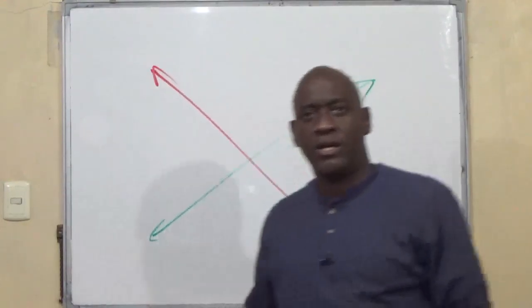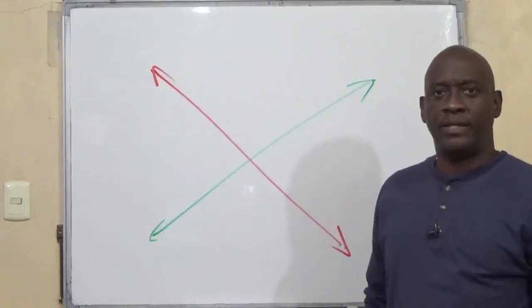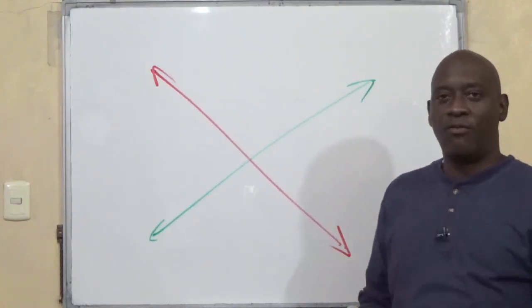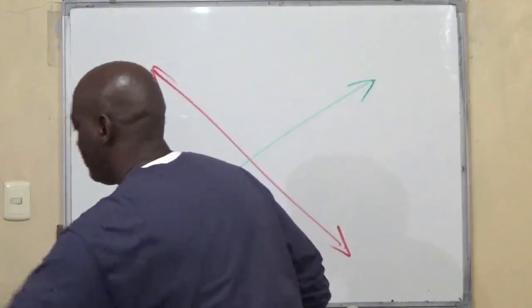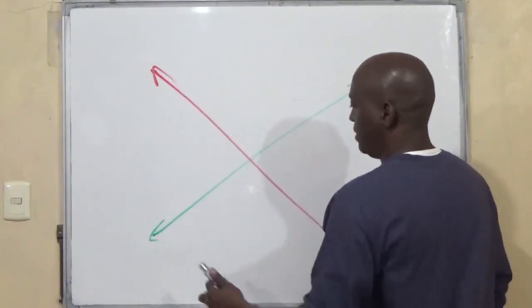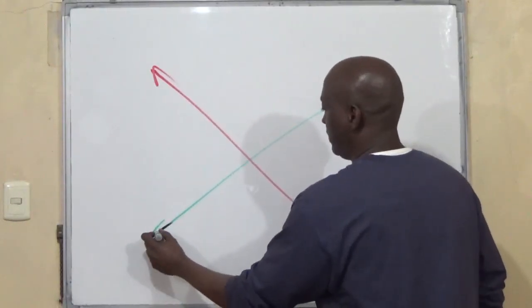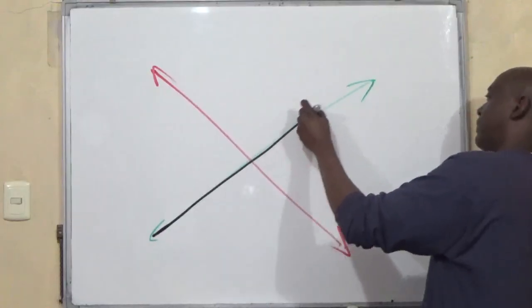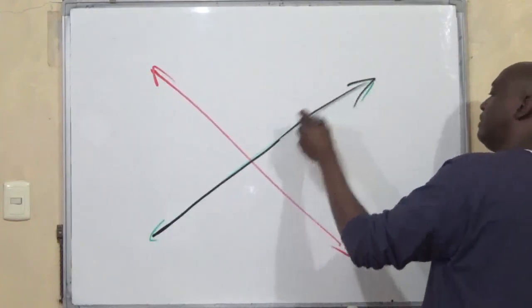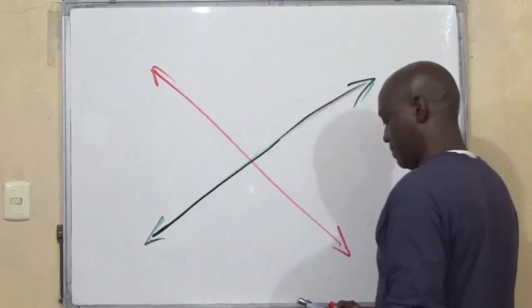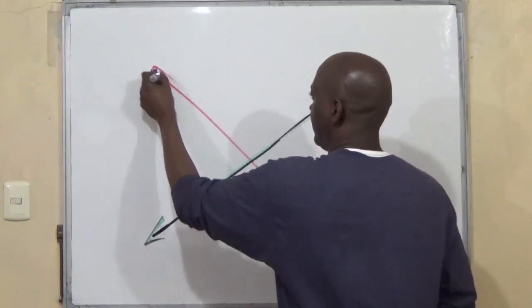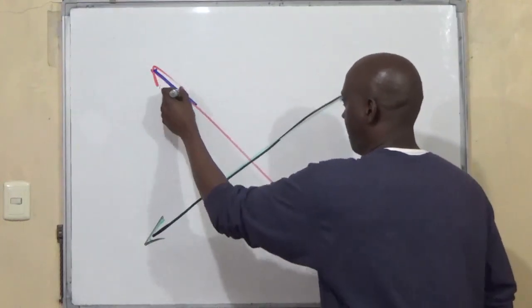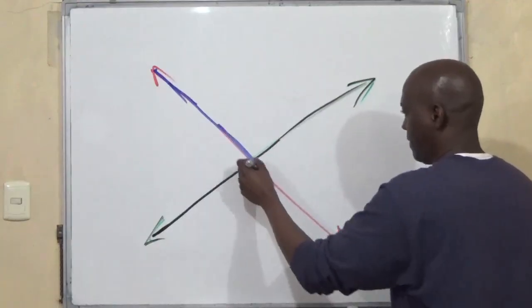Again, reversal. The theme is one of reversal. Let me just change the color here, because sometimes the light colors tend to be not so visible. Right? So, positive gradient and negative gradient. Yeah?